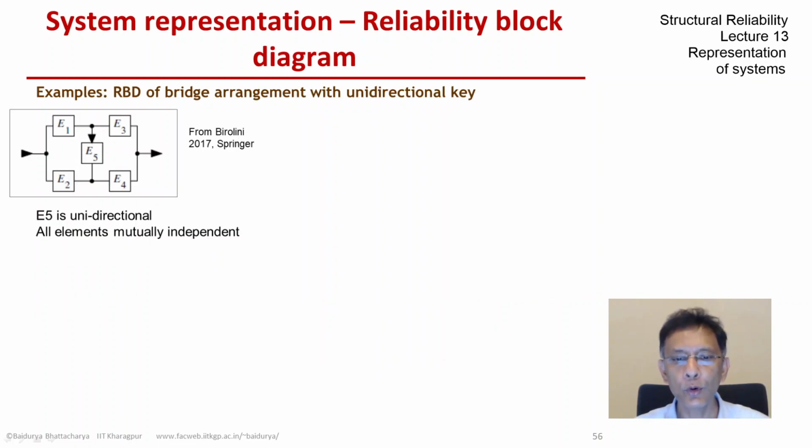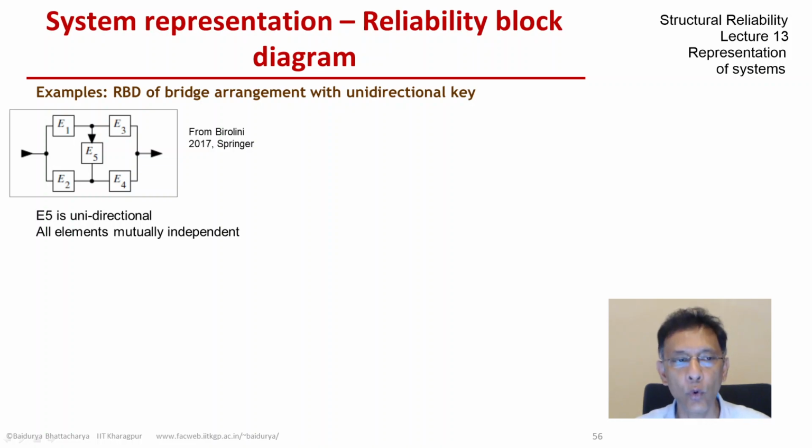Things become even more interesting if we consider the key element E5 to be unidirectional. So we have to modify our approach a little bit from the previous solution to account for the fact that E5 is unidirectional. So we won't condition on E5 anymore, but we'll take one of the others.